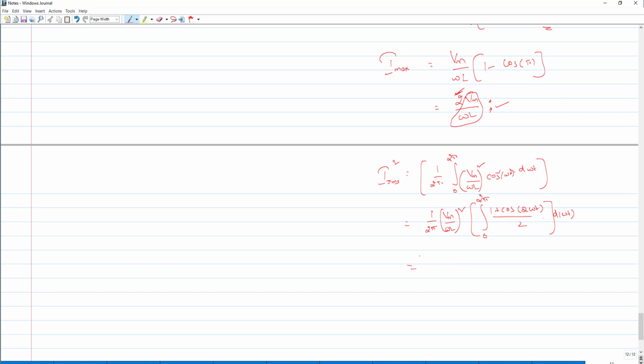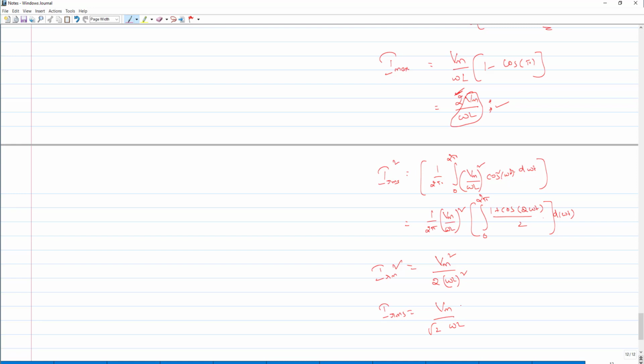If you solve this, you will get Vm by 2 omega L whole square. So now this is IRMS square. I would like to find IRMS. IRMS is the square root, which gives Vm by root 2 omega L.